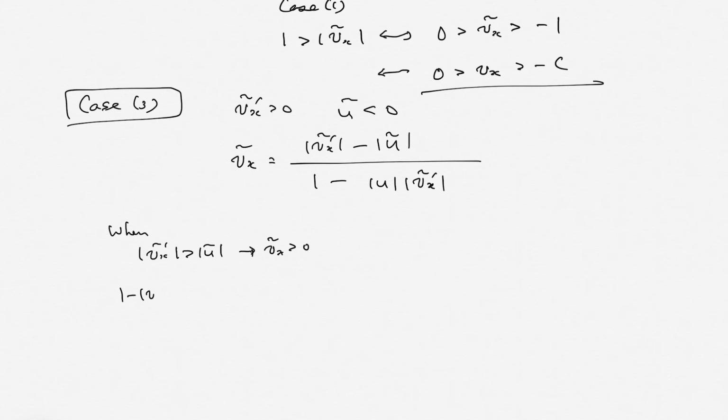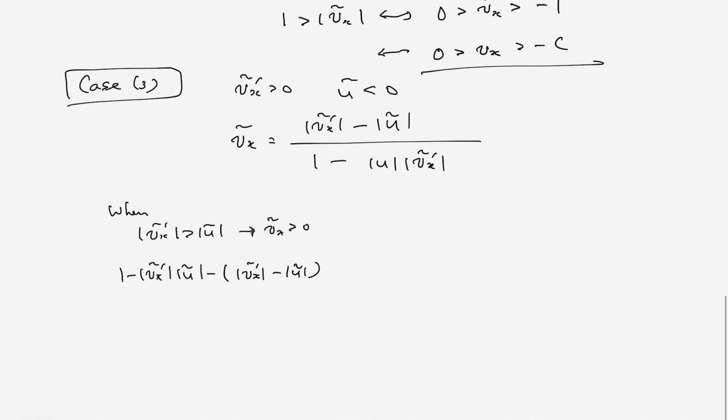I'm going to consider the quantity 1 minus v sub x prime tilde, 1 plus u tilde. This is a positive quantity.